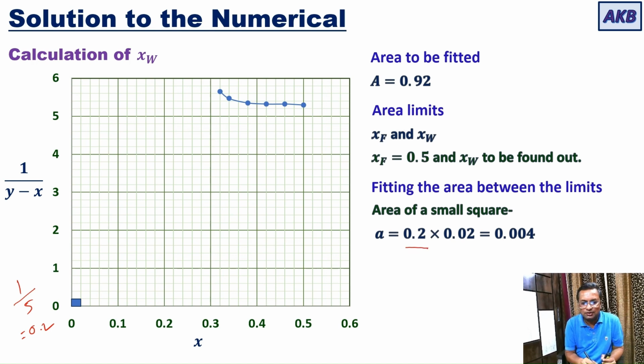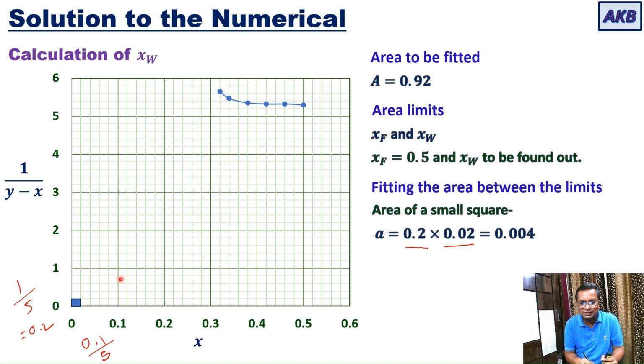Now just look on the x-axis. So 1 centimeter is 0.1 and there are 5 small divisions. So it will be 0.1 divided by 5, which is 0.02. So that's why area of the small square is 0.2 into 0.02, which comes out to be 0.004. You can also consider a bigger square and get the area for that.